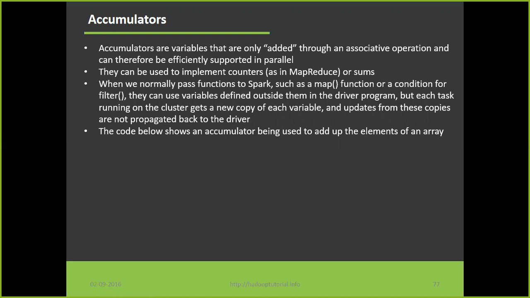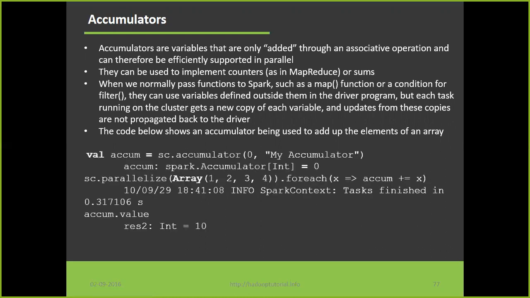The code below shows an accumulator being used to add up the elements of an array. If you want to declare a counter, you declare this using sc.accumulator and specify your val accum. You can give a name to it, my accumulator, a description to it, and the initial value as 0.